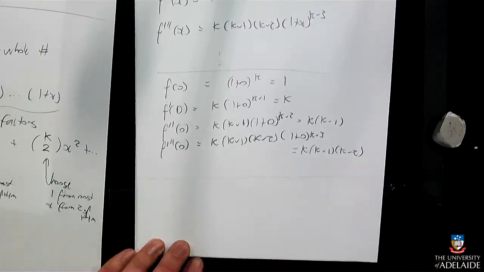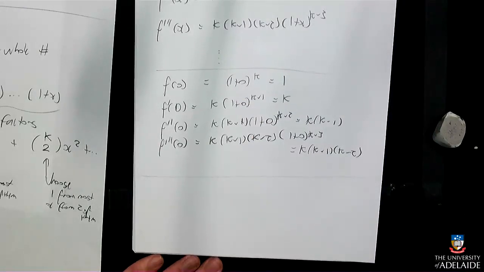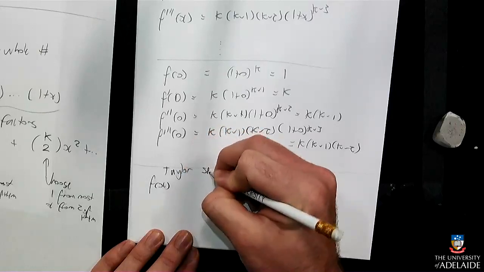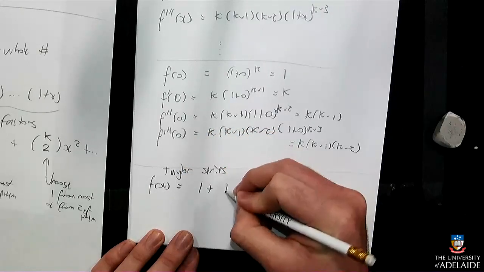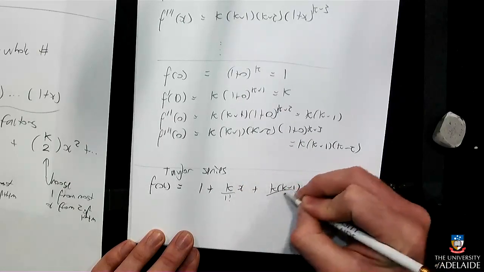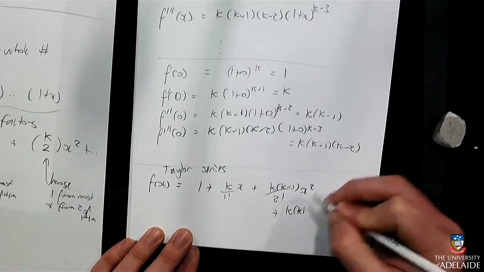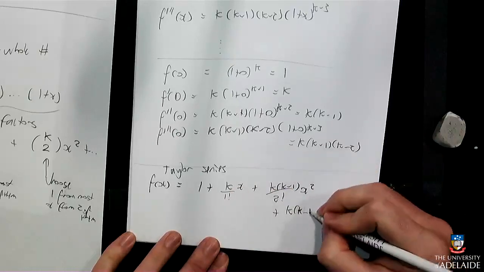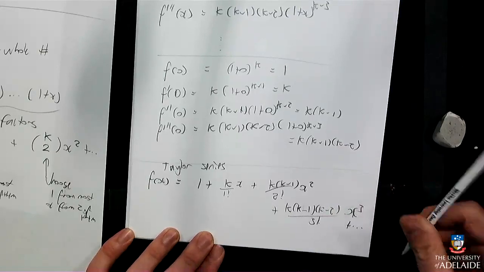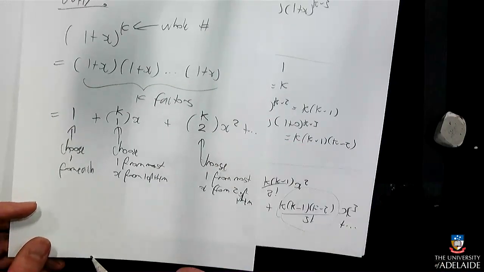And so when you make the Taylor series, it will be each of these divided by their matching factorial multiplied by the x, right? And so my Taylor series is 1 plus k times x over 1 factorial plus k times k minus 1 over 2 factorial times x squared plus k times k minus 1 times k minus 2 over 3 factorial x cubed, etc. And this is the same calculation we do to do k choose 3 when k is a whole number.